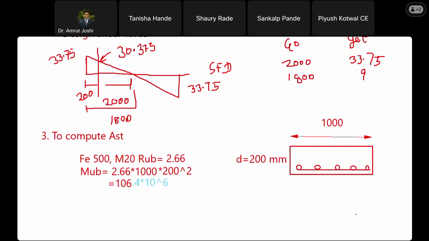But what is its unit? Its unit is Newton mm. So to convert it into kilonewton meter, I will have to multiply by 10 power minus 6. So it is 106.4 kilonewton meter. Are you with me?